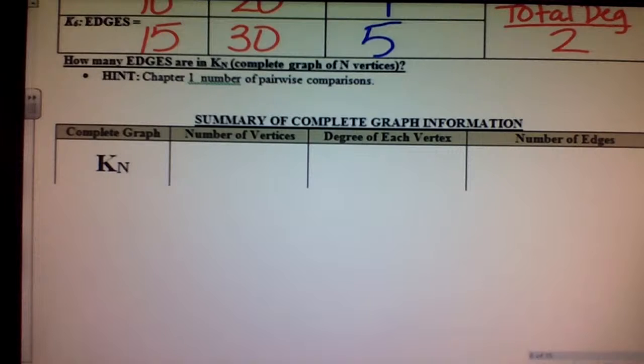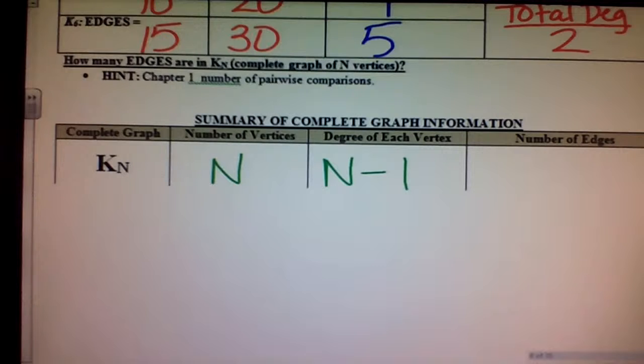Okay, so to summarize everything we just talked about, we've got one more formula to come up with. To summarize, K sub n. N is how many vertices I have. If I know my number of vertices, to get the degree, I take the vertices minus 1.